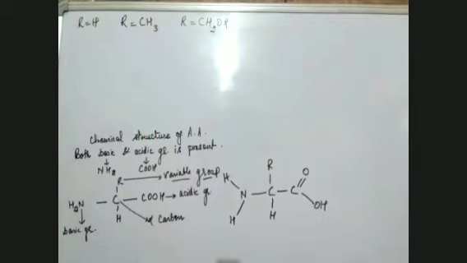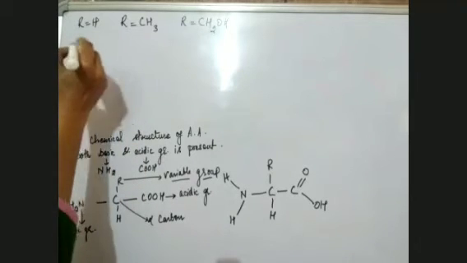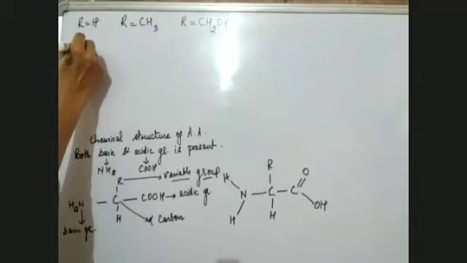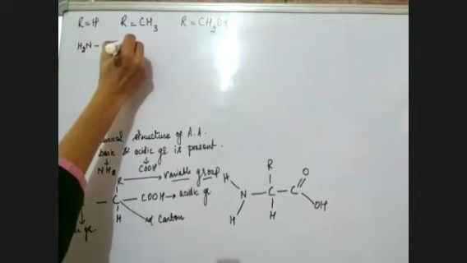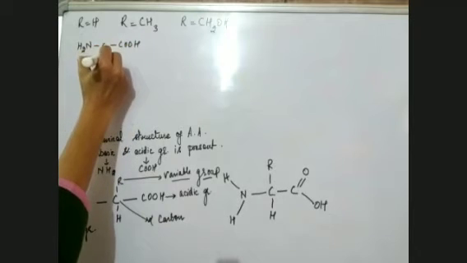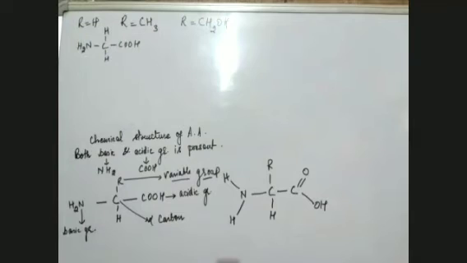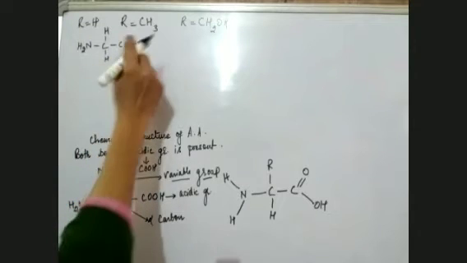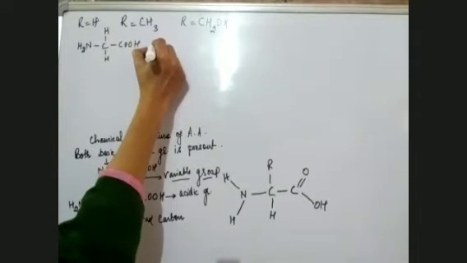If this R is replaced by H, the structure will be H2N C COOH H, and here R is replaced by H. If this is replaced by CH3, what will we get?